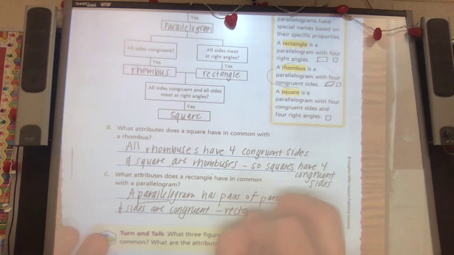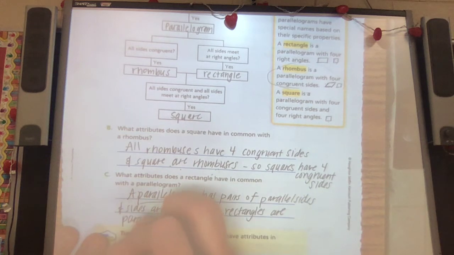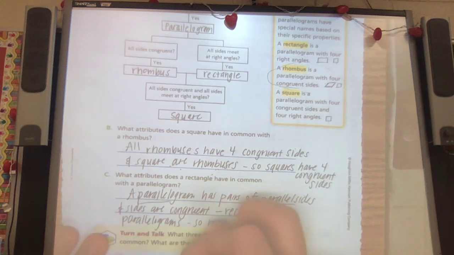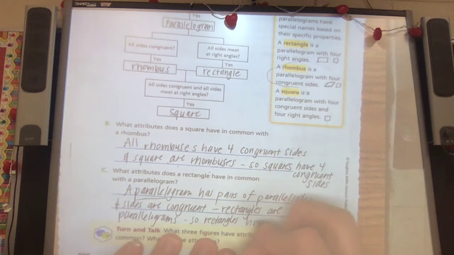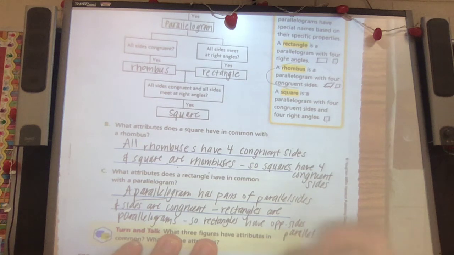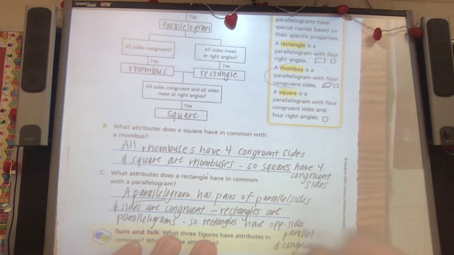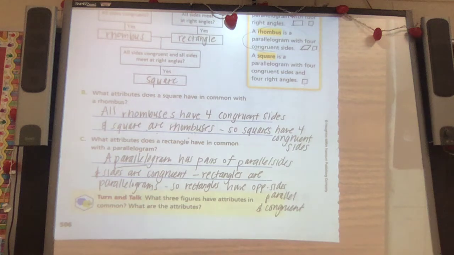Like we said above, rectangles are parallelograms. So rectangles have opposite sides parallel, and those opposite sides are congruent. I know that's a lot of writing, a little sloppy.